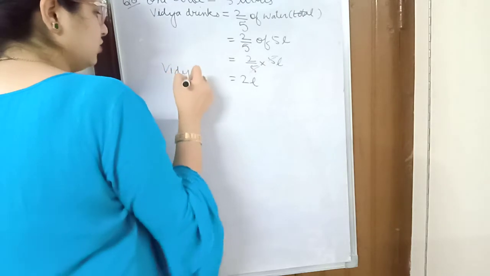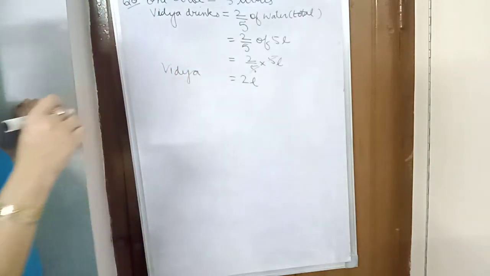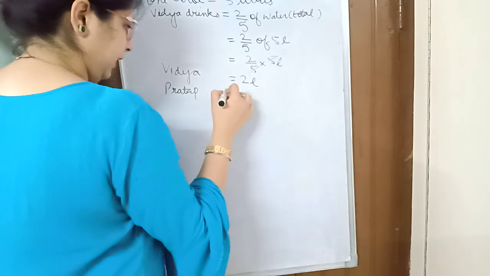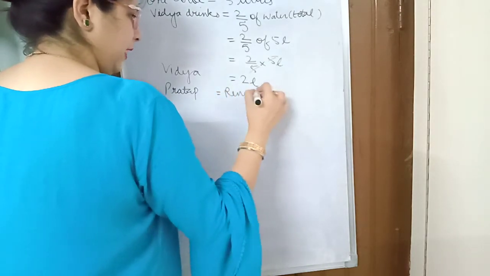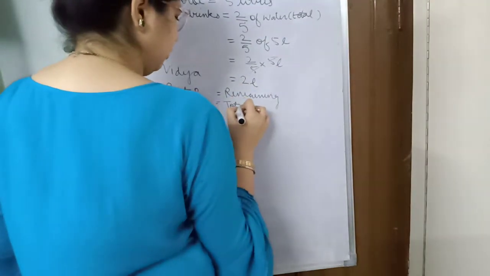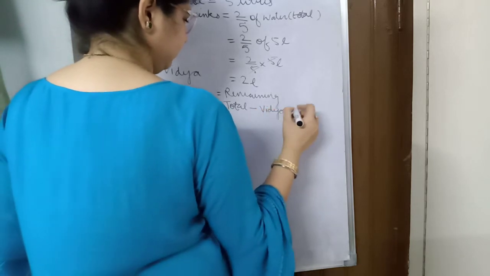Then how much water is drunk by her brother? What is the name of the brother? Pratap. So Pratap drinks the remaining water. Remaining means total minus water drunk by Vidya.